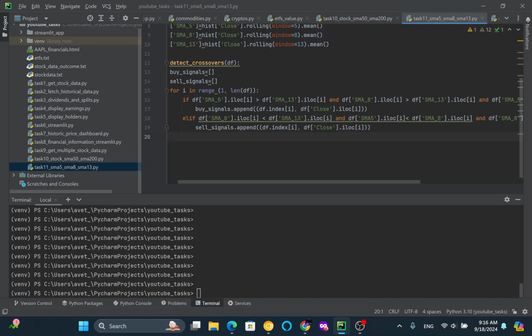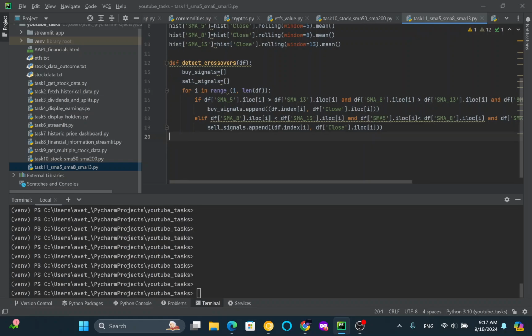So in which case we will consider buying signal or selling signal is real. And with this we are going to return buy signals, sell signals. We got our method for detecting the crossover. The rest is just like work on a graphics.